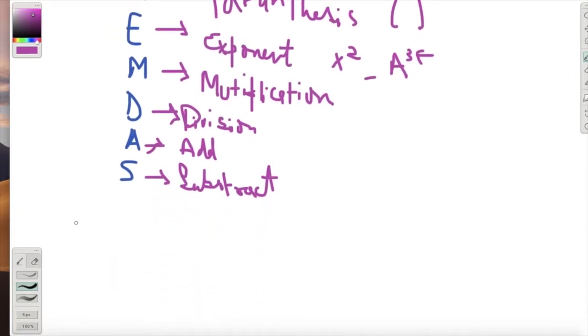Let's take a quick example: 2 cross 4 plus 3 divided by 3 plus 4 minus 2.